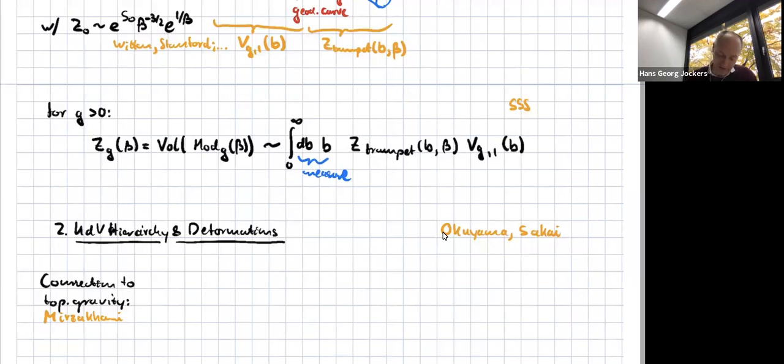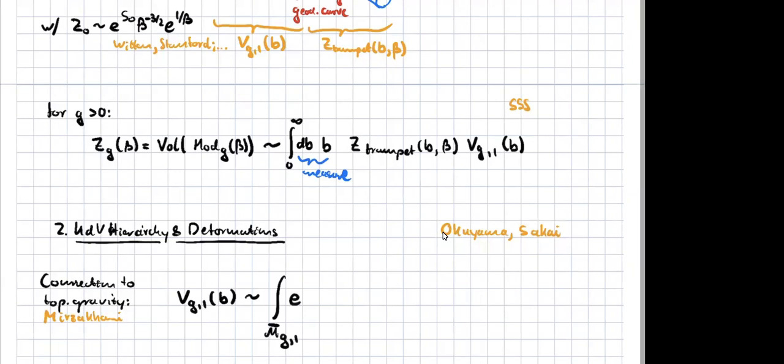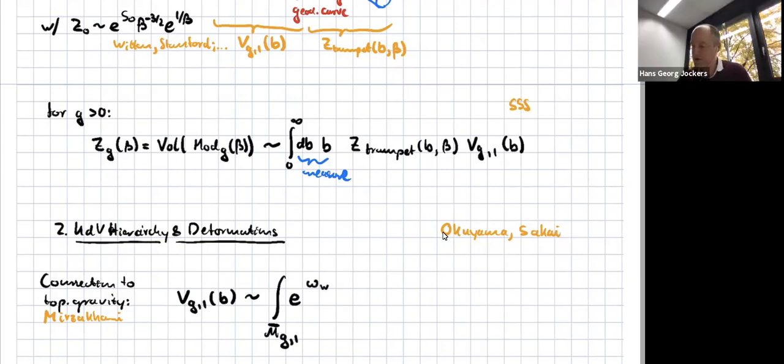So essentially the statement in our context with a boundary is that you can compute this by integrating over the moduli space of stable curves, in this case of genus g with one boundary. And what do you need to integrate? Well, you need to integrate a characteristic two-form, which is the Weil-Petersson two-form. And if it were a hyperbolic surface without a boundary, this would be the end of the story.